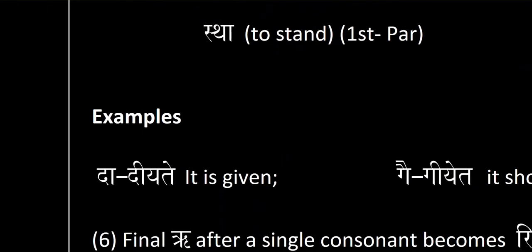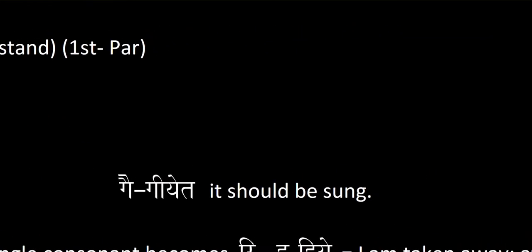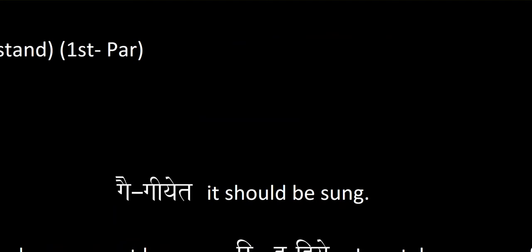Da, if you want to use that verb to say it is given, third person singular in the present passive, you would want to turn this into di, then add your ya, and then put te for third person singular in the middle voice. It is given: diyate.